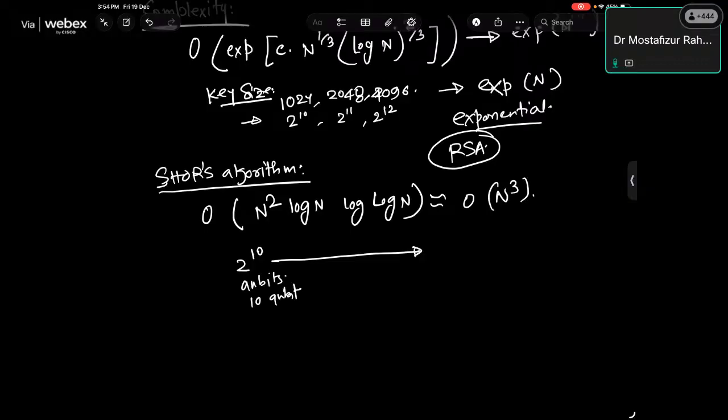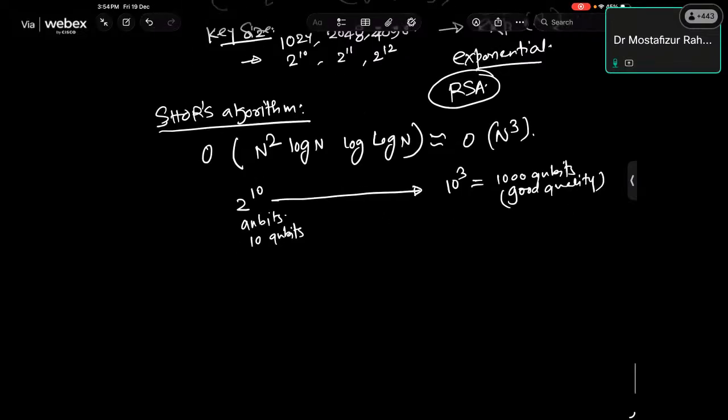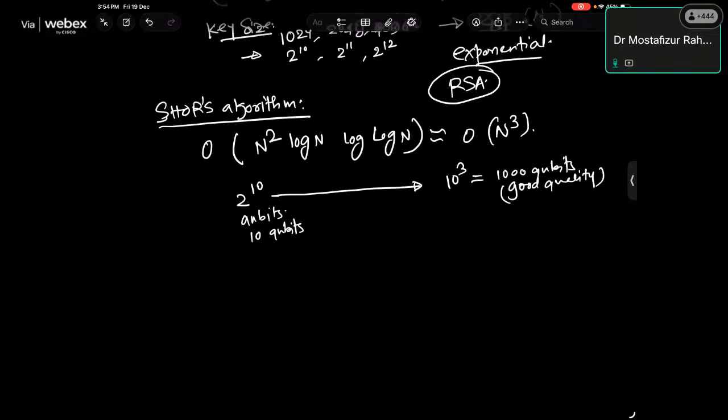If my key is represented in 10 qubits, then I need 10 to the power 3, which is basically some 1,000 error-corrected qubits. These should be good quality qubits to break the ciphertext. But we don't have a quantum computer of 1,000 error-corrected logical qubits currently. So your security is at least safe for the time being.